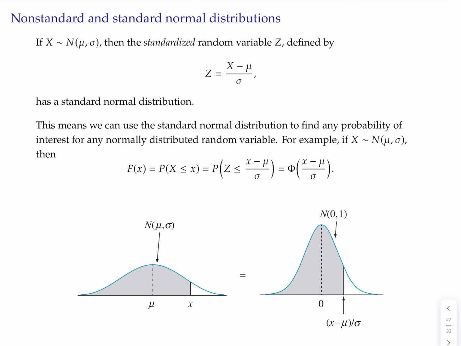Now that's equal to the cumulative probability for the standard normal at that z-score, which is a number that we can just look up on the z-table. So that's what this is showing. This is the standard normal distribution, mean 0, standard deviation 1. This is our z-score, 1.4 in this case.